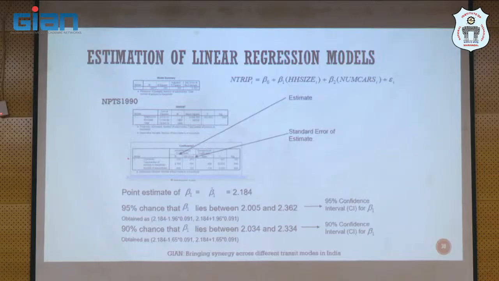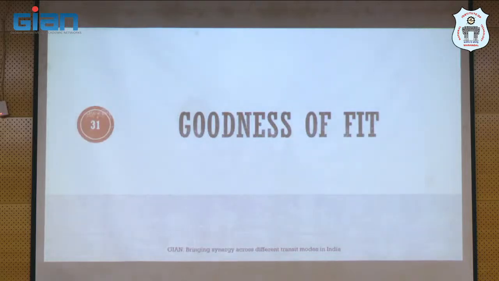Same thing for the 90%. The 90% band will be smaller than the 95% because your t critical is smaller, 1.65 versus 1.96. Any questions?